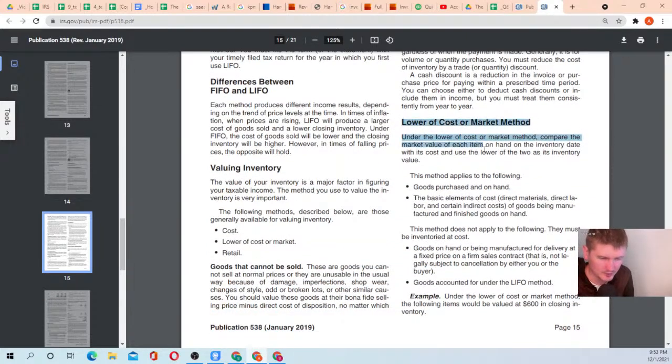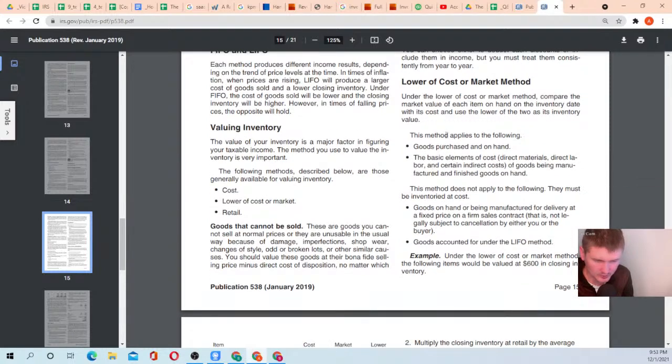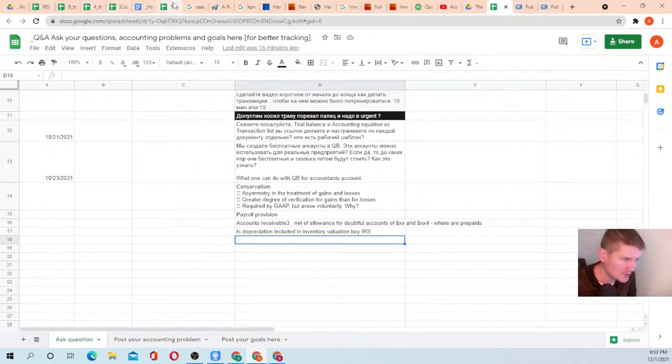Okay, so you can use the lower of cost or market method for valuing your inventory for the IRS, and it basically allows you to impair your inventories at the end of the period.